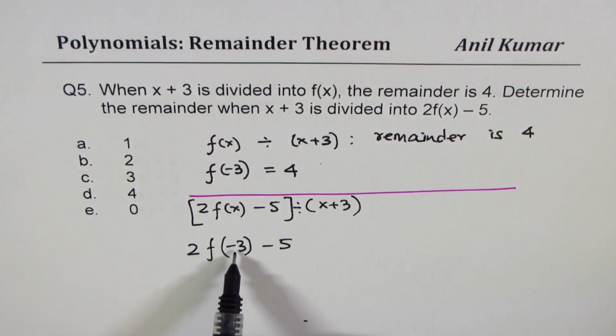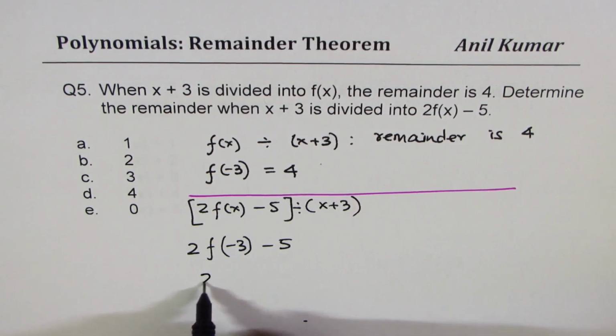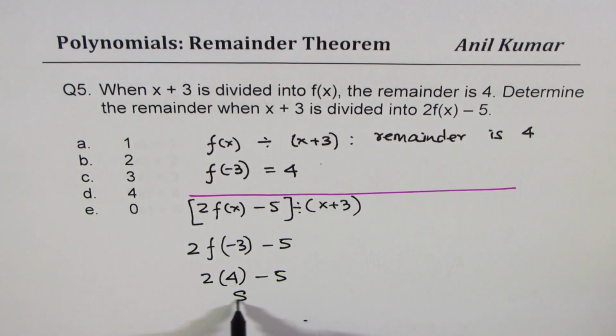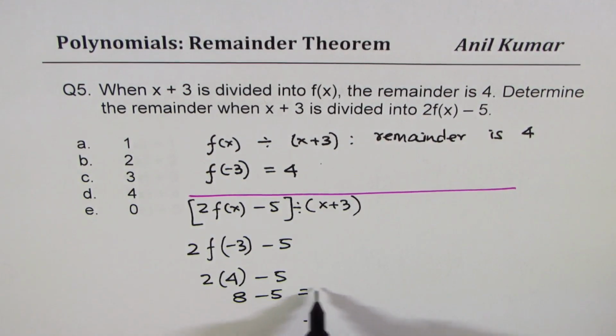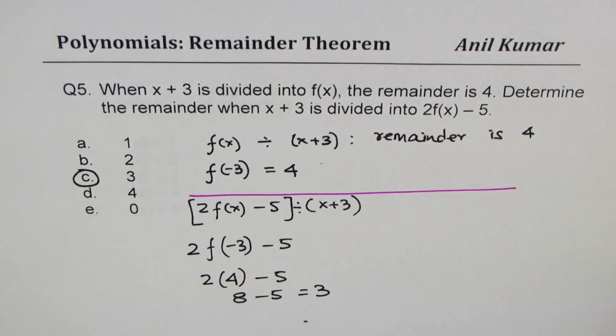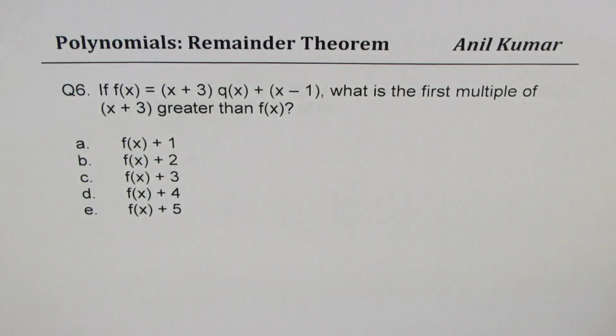Now we know what f of minus 3 is. It is 4. So it has to be 2 times 4 minus 5, which is 8 minus 5 equals 3. And therefore, the answer is C, 3. Perfect? So that's a very good application of the remainder theorem.